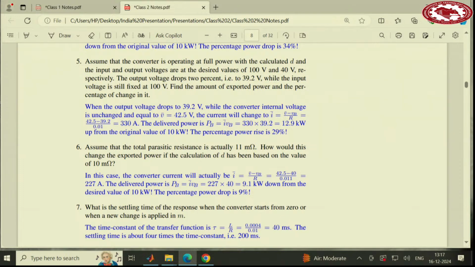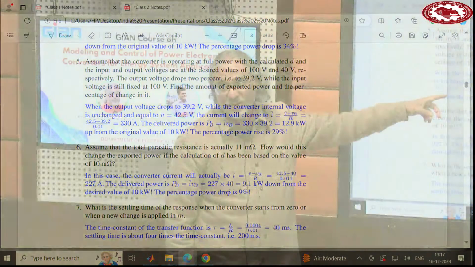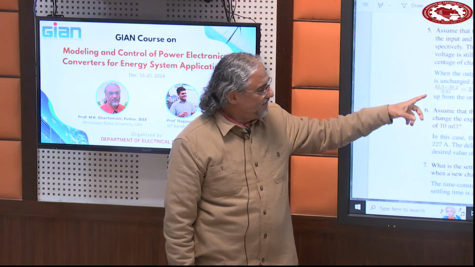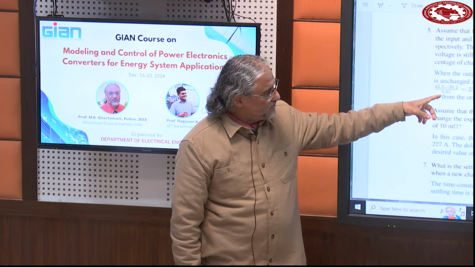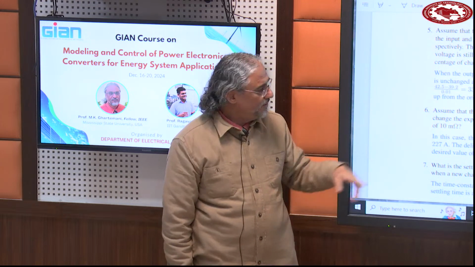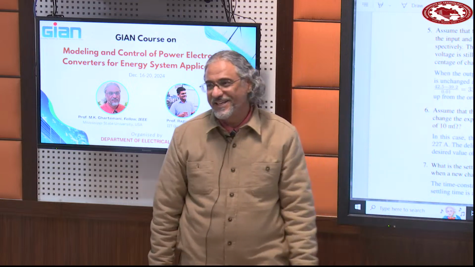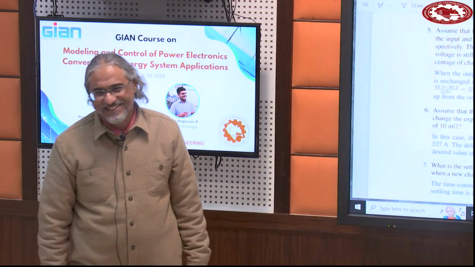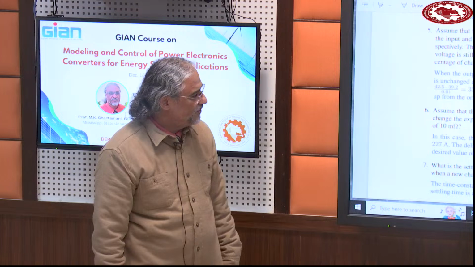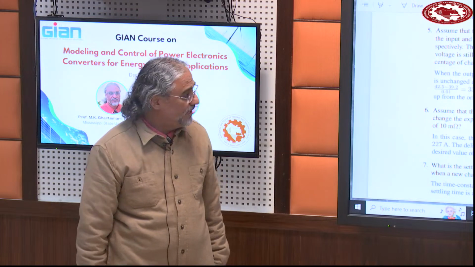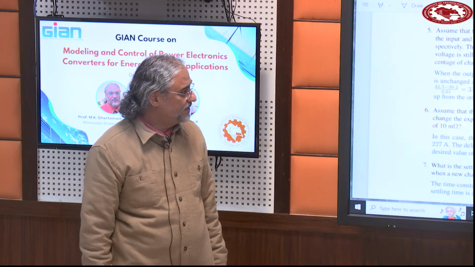Multiply that, so you get 42.5 at the terminals of the diode, minus VB. Now VB is 39.2. Divided by the resistor, 0.01, you will get 330. So that is 80 amperes more than what you expect.